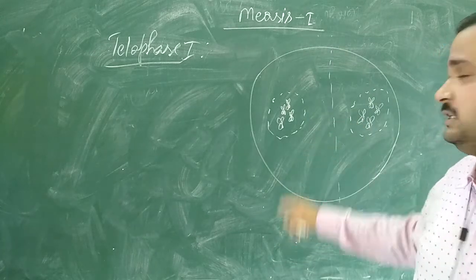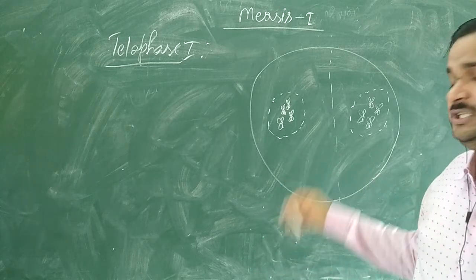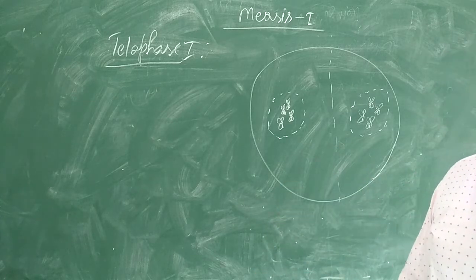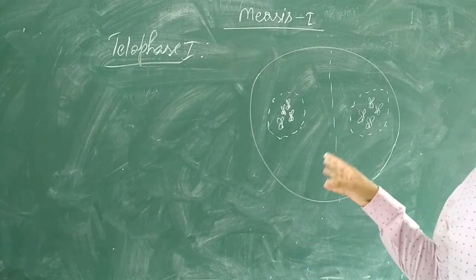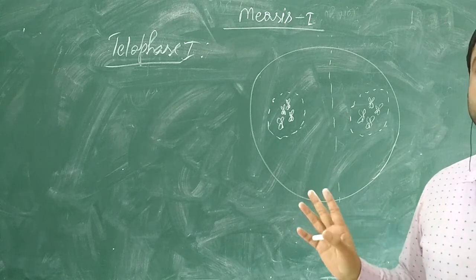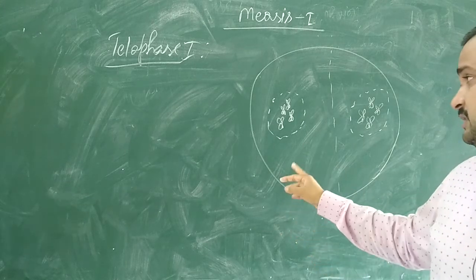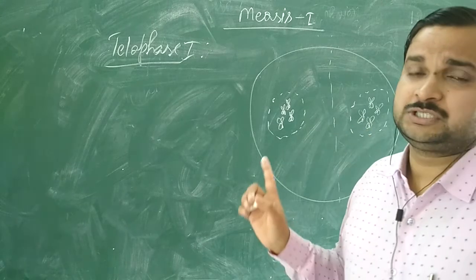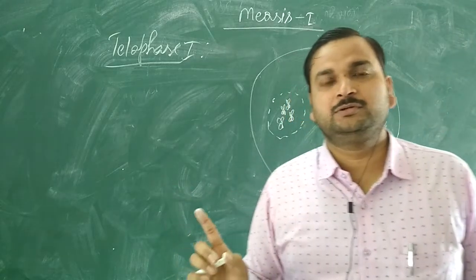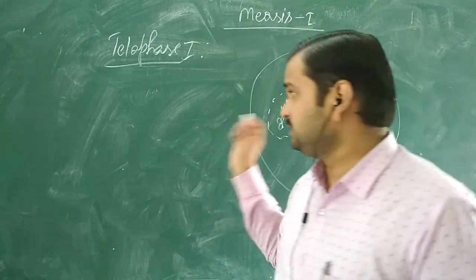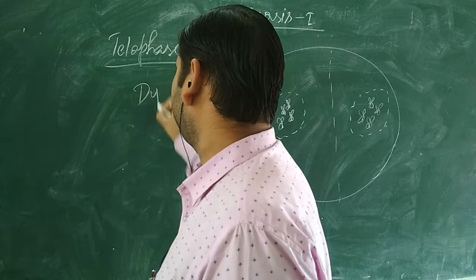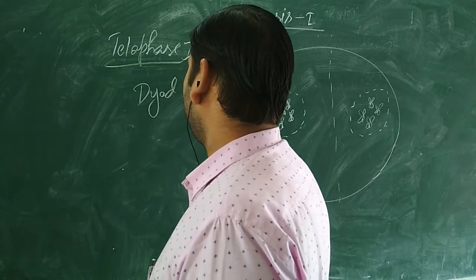But at this particular stage, even though these two daughter nuclei are formed, is their division complete or not? Their division is not completed so far because they have just completed the meiosis first. And this condition of the cell is called dyad of cell.